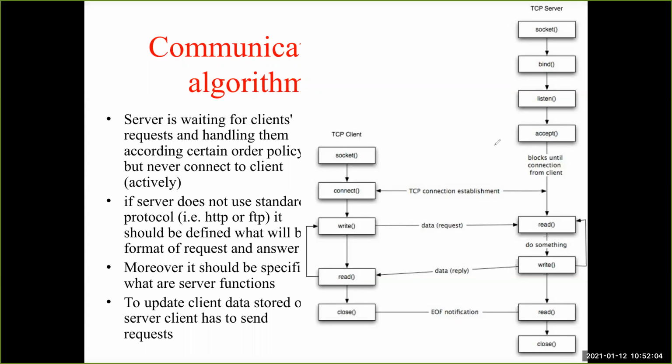It doesn't start a conversation. So let's say that my client published a new message. The other clients will not be notified that the new message was published until they request this information.